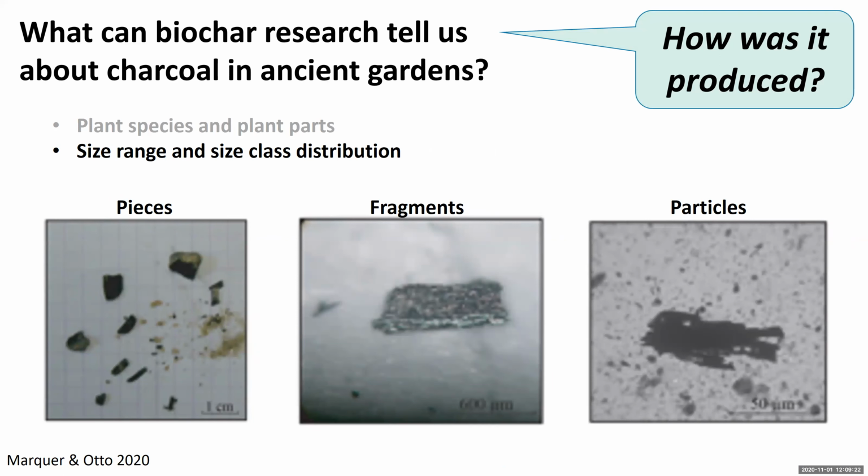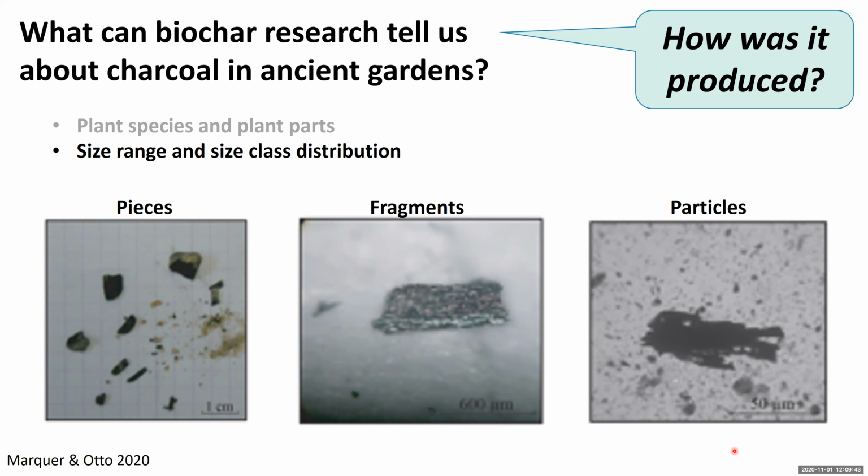The sizes and size class distribution of charcoal pieces can also give additional clues about how the charcoal was produced. These photos show charcoal pieces on the left, fragments in the middle, and particles on the right. And these are just different size classes of charcoal, bits of charcoal.